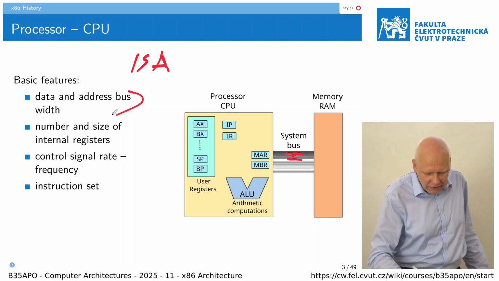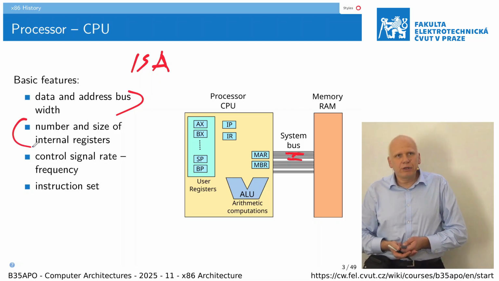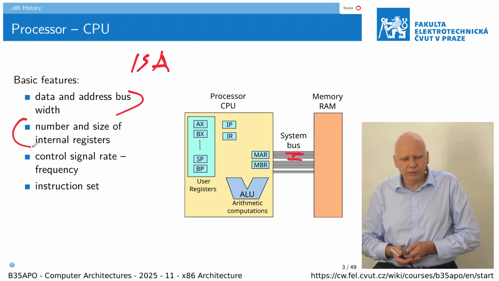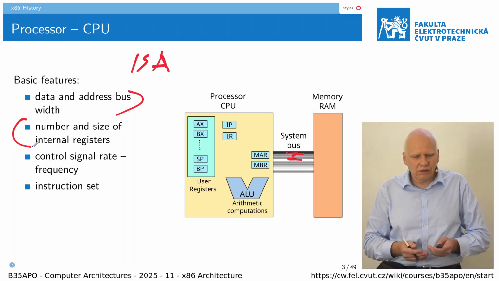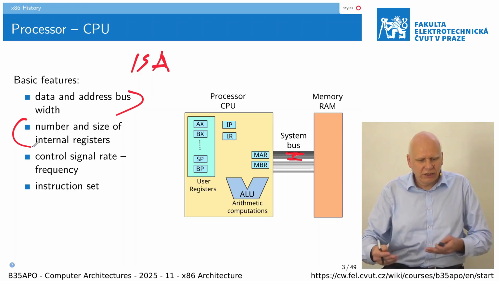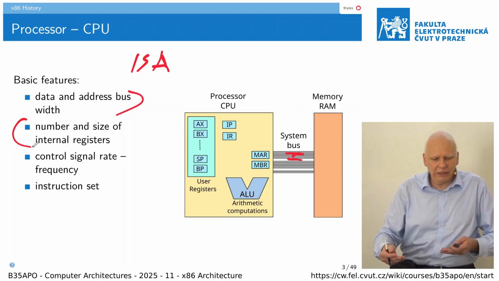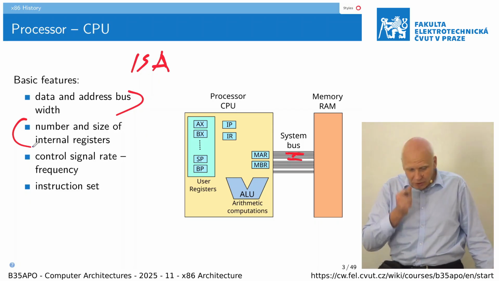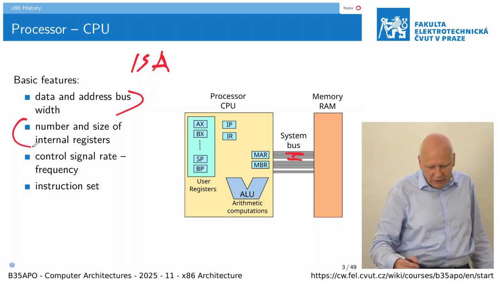And then the number of the registers is important even for the compilers, because if you have more registers available, then it is not so often necessary to switch between the memory, for example the stack, that is the automatic variables location, and the registers. So it can be better if you have more registers.